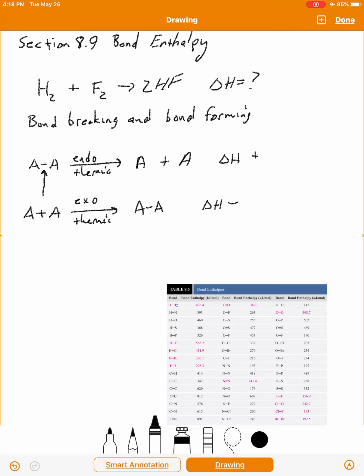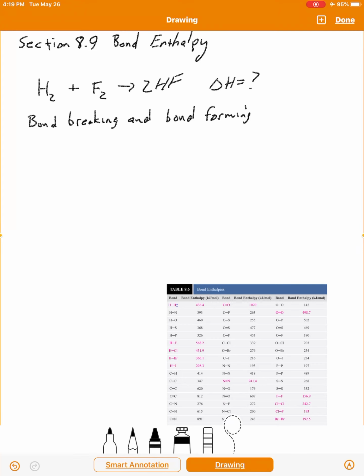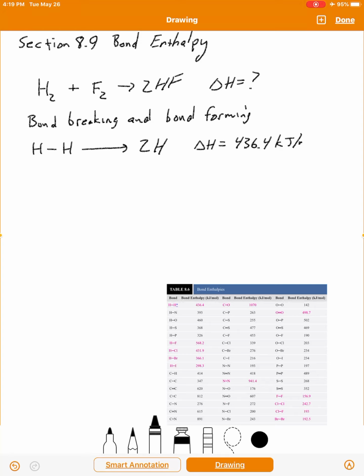In the case of hydrogen, if we wanted to break the bond between the hydrogen atoms in a hydrogen molecule to form two hydrogen atoms, H plus H, delta H for this process is 436.4 kilojoules per mole. It's an endothermic process.